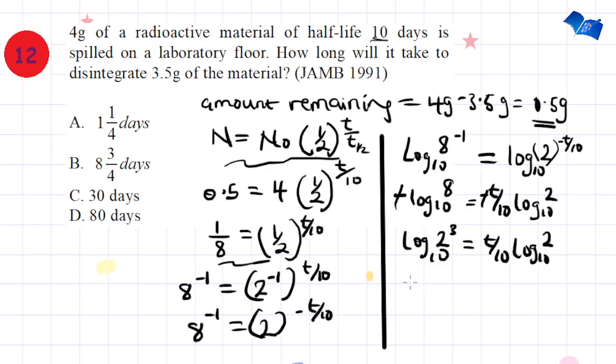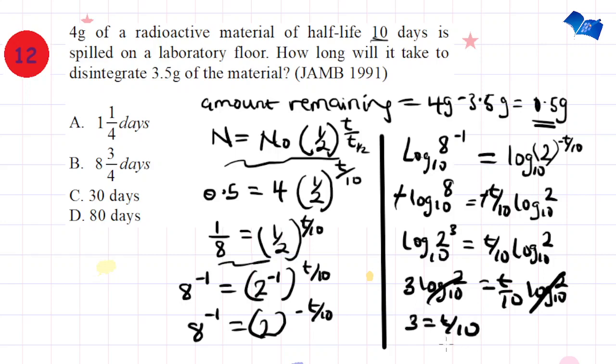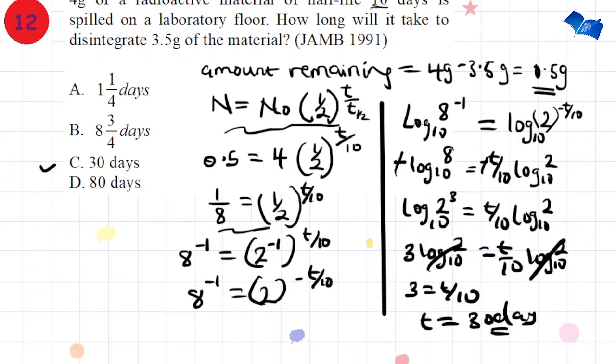Using the law of logarithm, this will give us 3 log 10 of 2 equals t/10 log 10 of 2. So this can go. Now I'm left with 3 equals t/10, then t is equal to 30 days. Okay, I see that the correct option is option C, but this method is actually long, right?